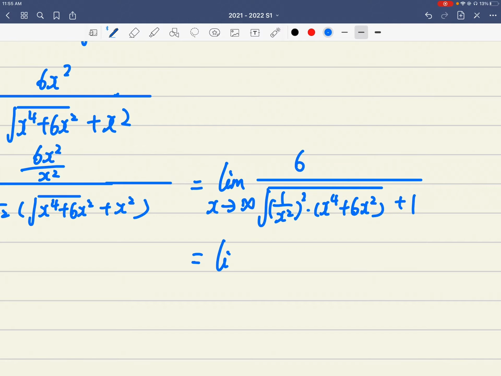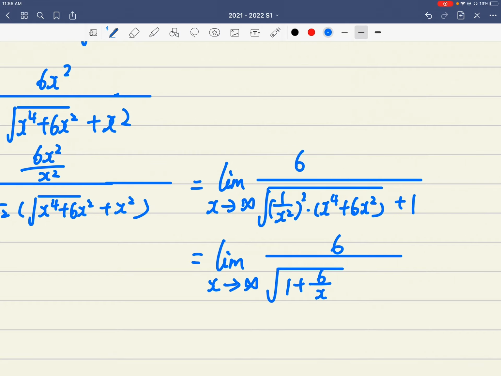Just finish our calculation. When x is approaching infinity, this is approaching 0, so it's just 6 over 1 plus 1. It's going to be 3.